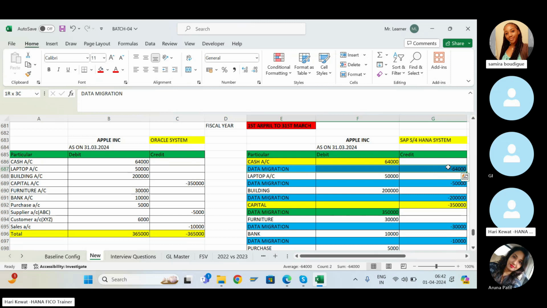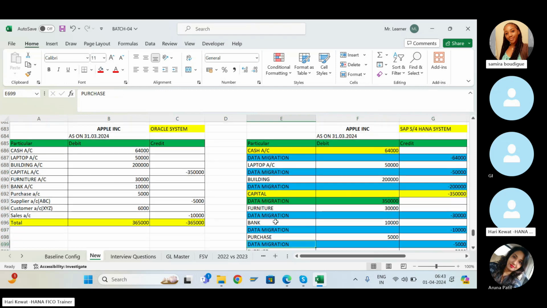Is it clear? Now laptop account, here we have 50,000. So here I'll do laptop account debit 50,000 and data migration GL credit 50,000. Is it clear?